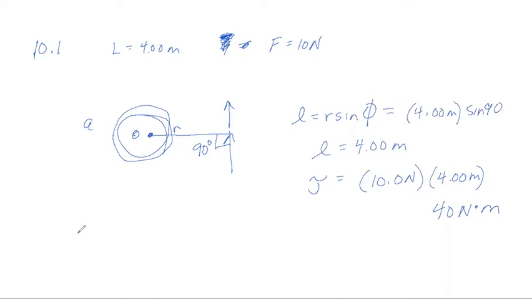R cross F, one second. Oh, my bad. R cross F would bring it out of the page. That's unscrewing. So if it goes this way, counterclockwise, it's going to screw it out of the page. All right, that was 10.1a.